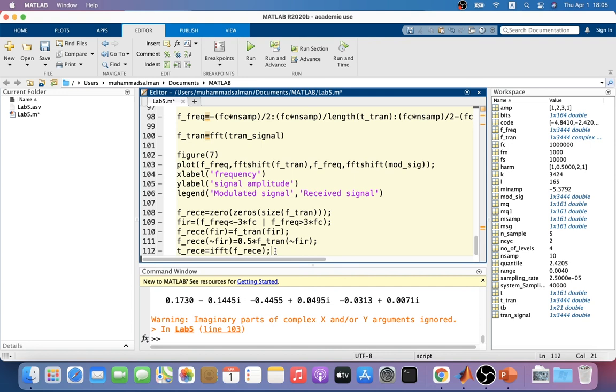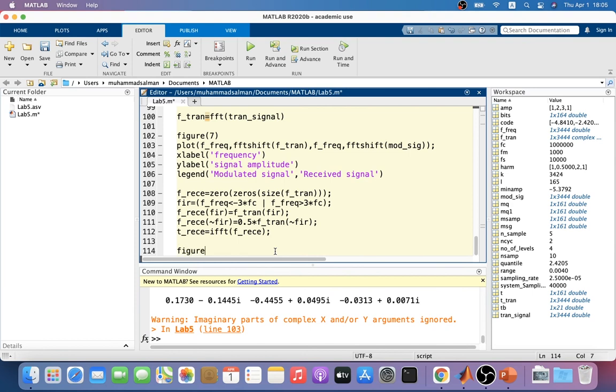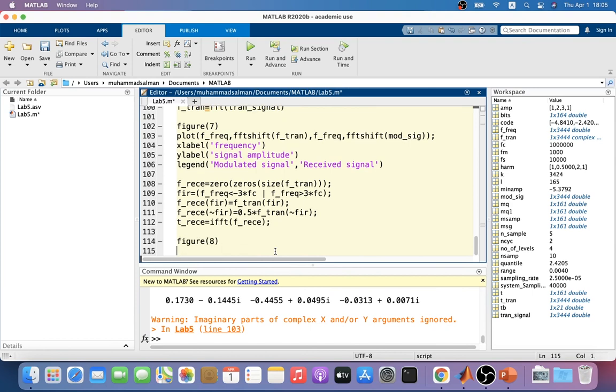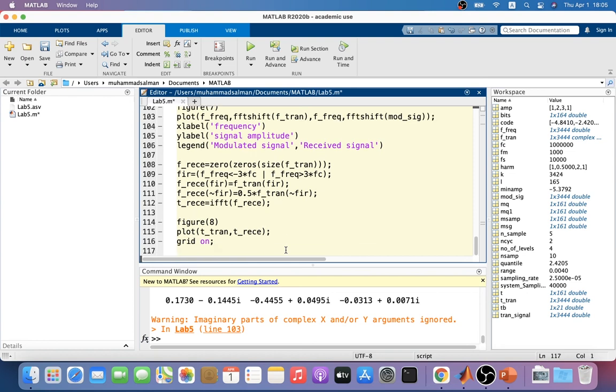And now let me plot it. So this is figure number 8, and after figure number 8 I will plot T trans, which is this one, T underscore TRAN, comma T res, which is this one, and then grid on, and also X label.